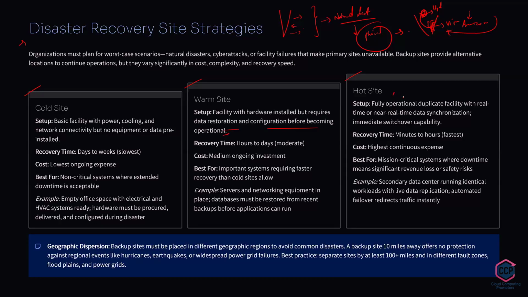A hot site has operational duplicate facilities with real-time near data synchronization and immediate switchover. So here, what would be the situation? Data recovery is fully automated for hot, semi-automated for warm, and manual for cold.